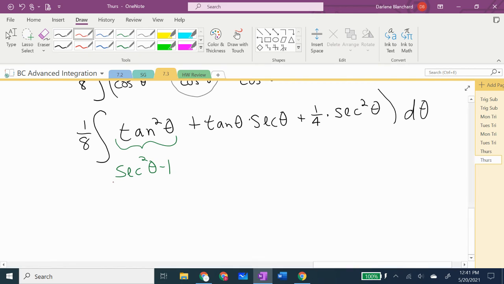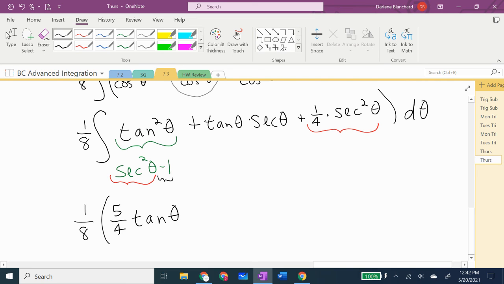I'm going to bring together secant squared theta plus 1/4 secant squared theta while I'm integrating. That gives me 5/4 secant squared theta. The integral of secant squared is tangent.